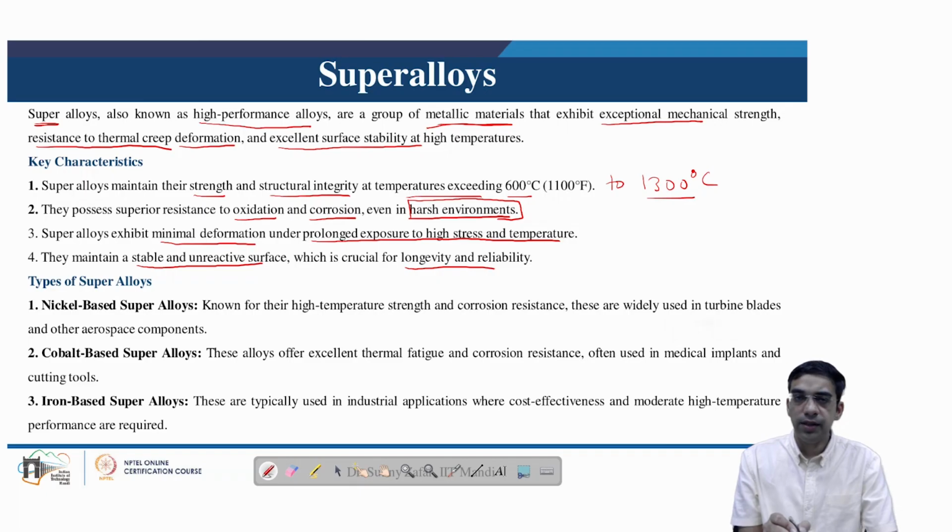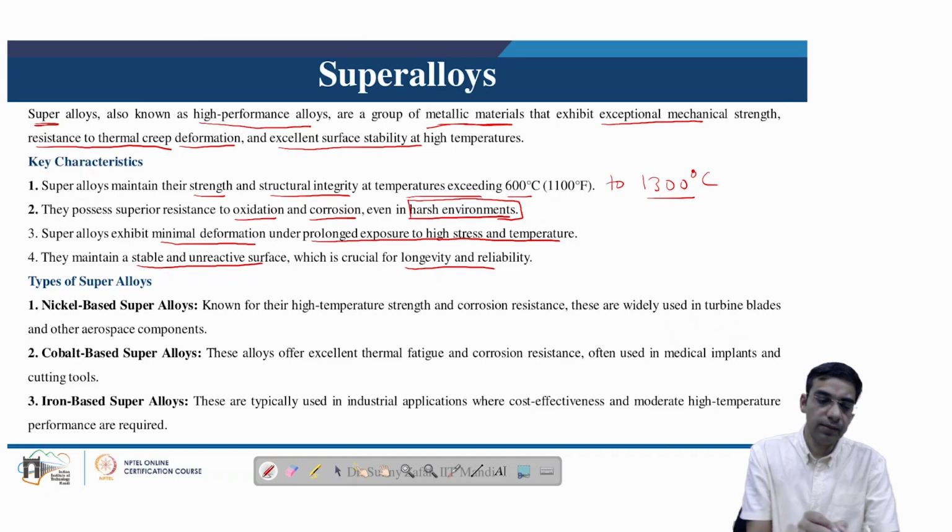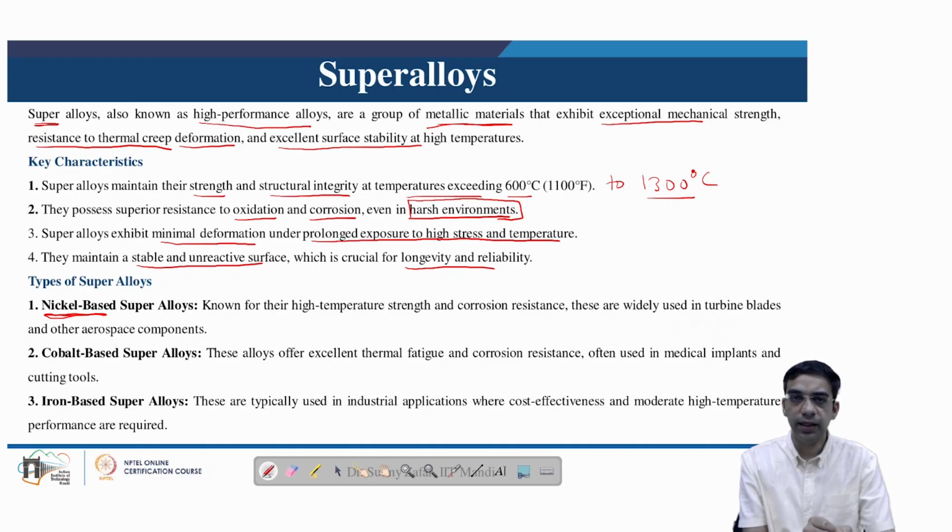Superalloys are also available in different types. Some superalloys which are used in gas turbines are nickel based superalloys. When we say nickel based, this means nickel is the dominant percentage in the composition of the superalloy, and nickel based superalloys are known for high temperature strength and corrosion resistance.